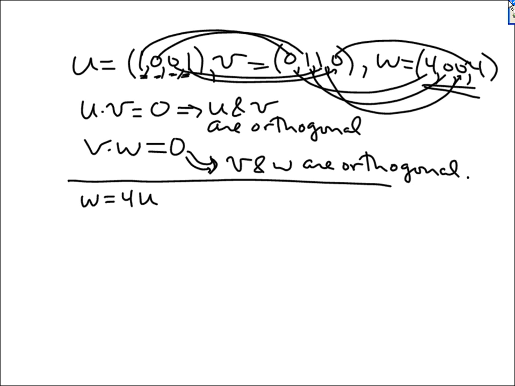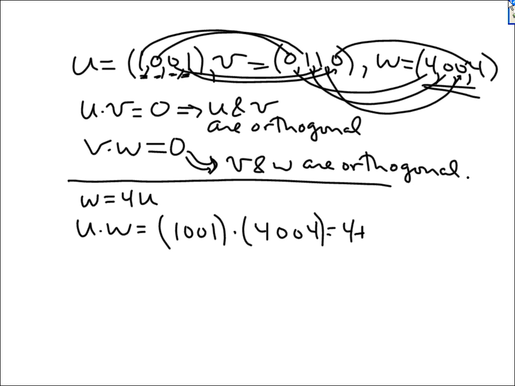But if you didn't notice that, it wouldn't matter that much. u dot w: u is this vector, w is this vector. You get 4 plus 0 plus 0 plus 4, or 8.